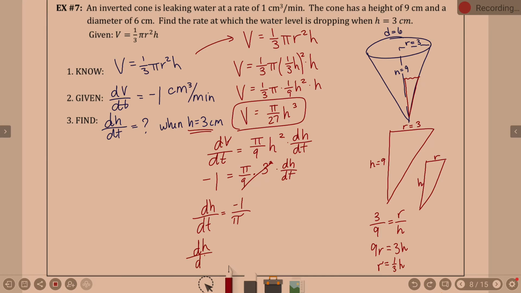Just depends on the situation. I have -1 over pi as an answer, or -0.318. What about a label? Okay, change in height over time. So in this case, it is centimeters per minute.